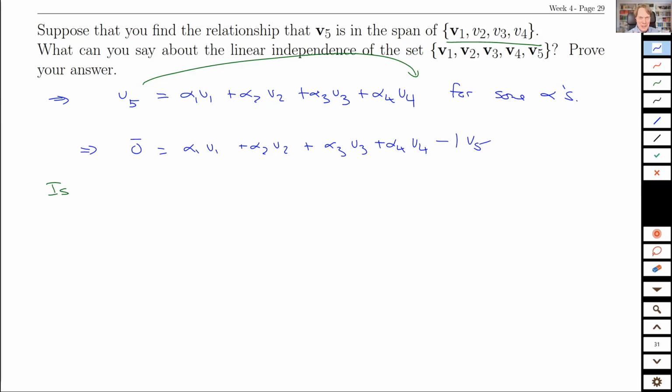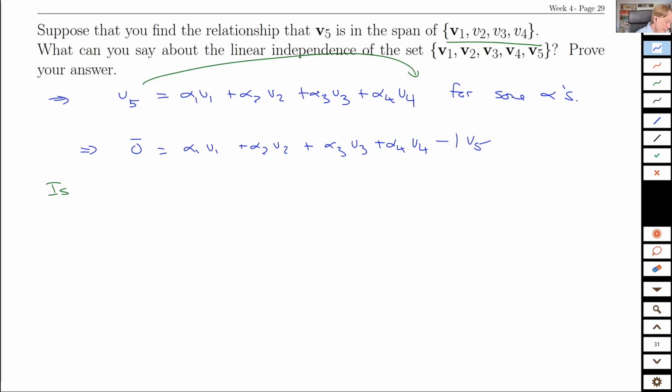I'm glad you asked, because I'm sure there are other people going, wait, span, I vaguely know. So span is, I have some building blocks. I'm allowed to stretch them, flip them, and add them to other scaled versions of the other vectors. So any linear combination is what I'm allowed to do. Can I get it to add up to V5? And here we're being told, yes, you can make V5 out of these ones here. And then the linear independence question is about the zero vector.